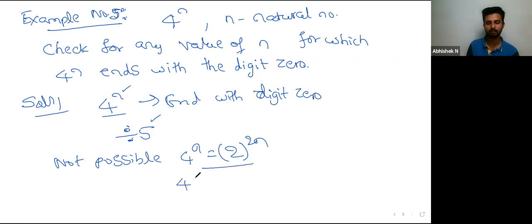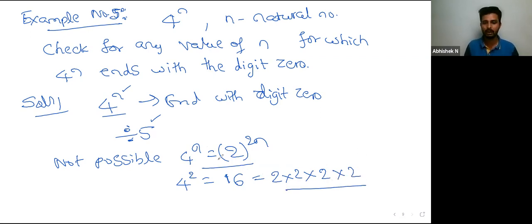For example, if I take 4 squared, that is 16, right? That means 2 into 2 into 2 into 2. So there will be only 2. The factor is 2.